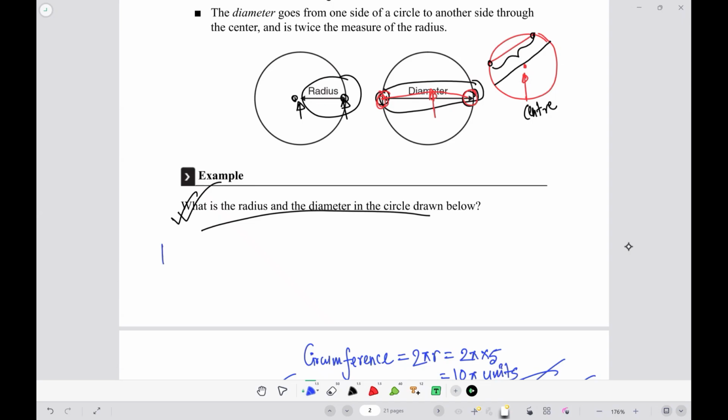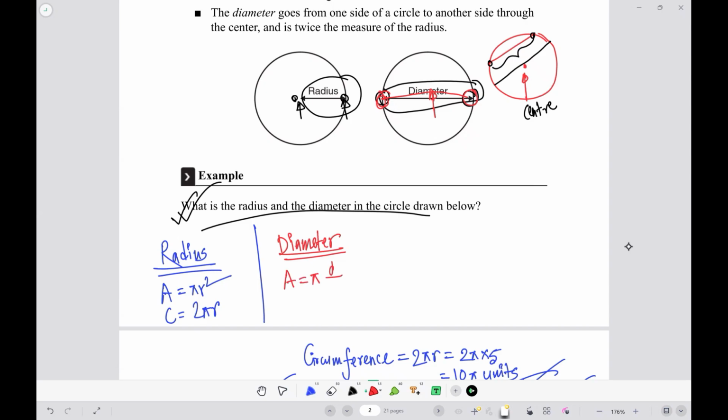For example, in terms of radius, the area of a circle is pi r squared, and the circumference C is twice pi r. But in terms of the diameter, the formula for the area would be A equals pi times d by 2, whole squared. It means that it would be 1 by 4 pi d squared, right? And the circumference C would be pi d.